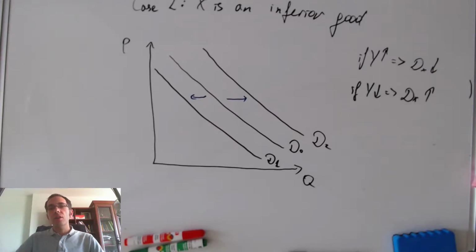Imagine that you are a producer and you are selling a normal good. And imagine that the government comes up with its annual statistics and it forecasts an increase in the GDP of the country. And they say that the GDP will rise.